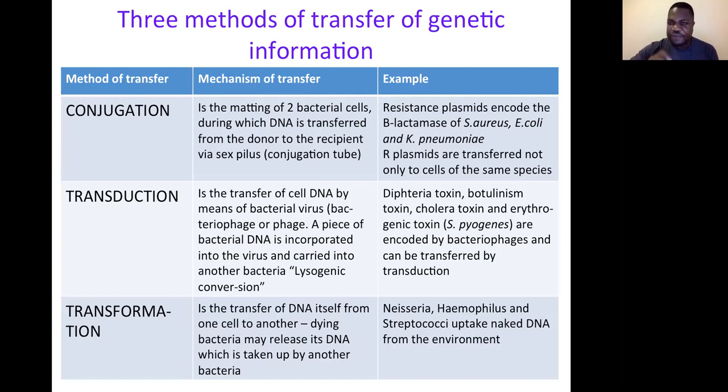The first method is what we call conjugation. Conjugation is when two bacterial cells are connected with something we call a conjugation tube, also called a sex pilus. It connects them. It allows genetic information to jump from one bacterial cell into another bacterial cell.